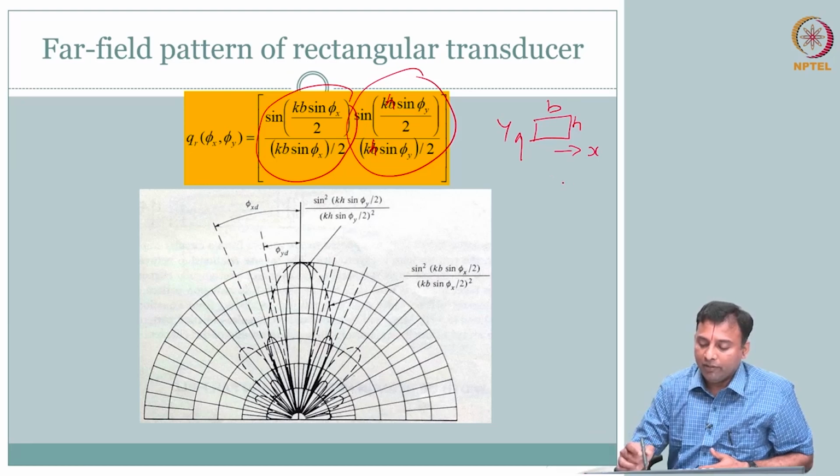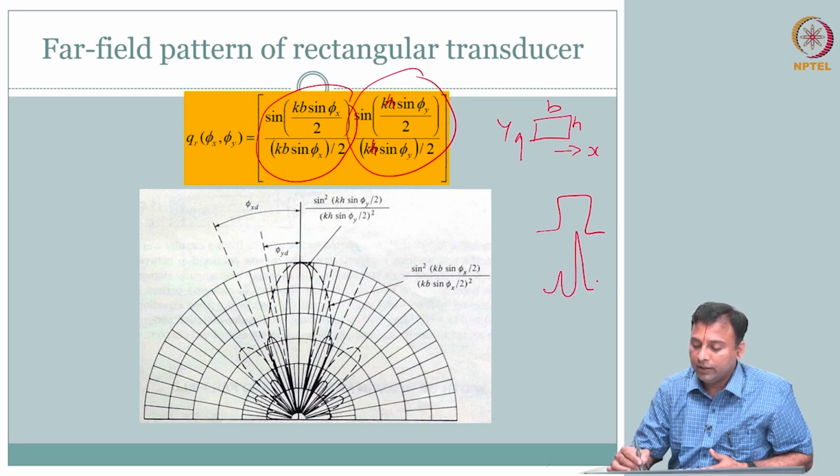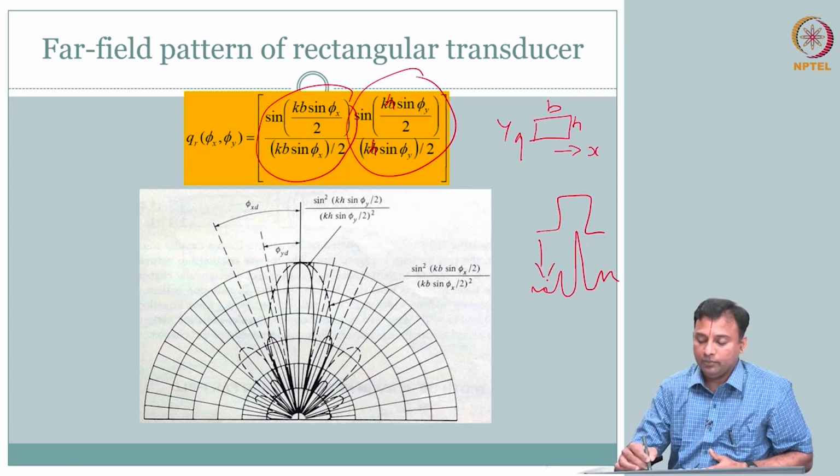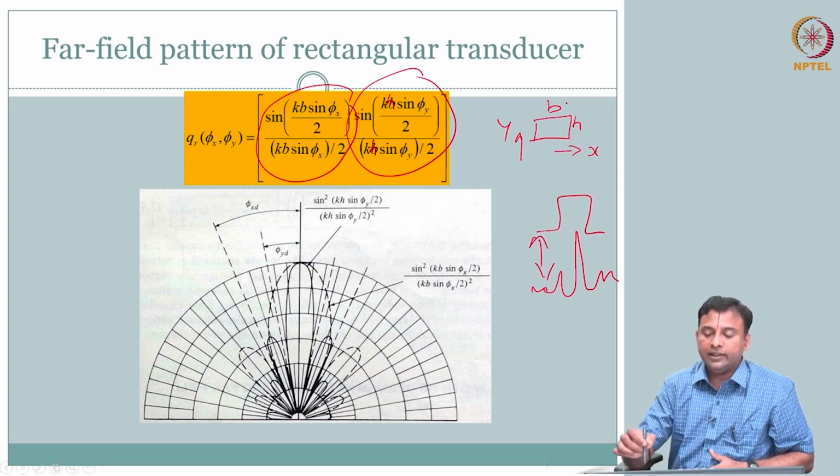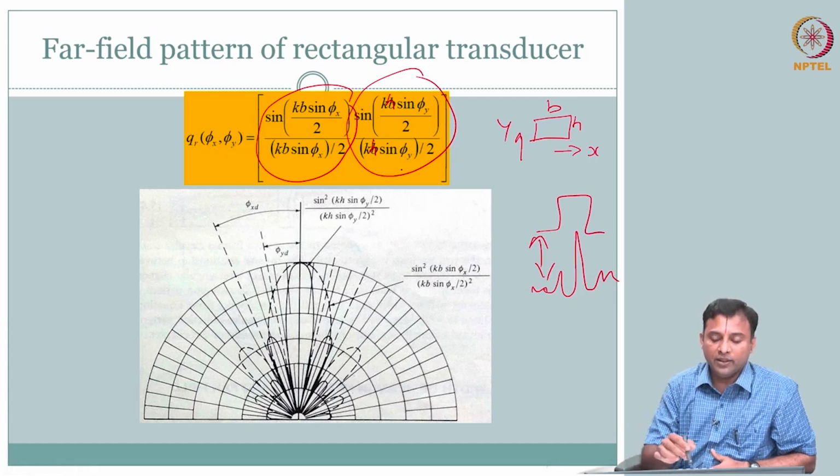Clearly, if you have a rect function, you have sinc as your Fourier transform. So here you can see this as sinc in one direction, sinc in the other direction. I have a rect here, so sinc square.